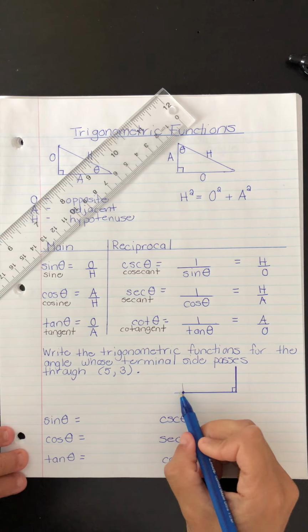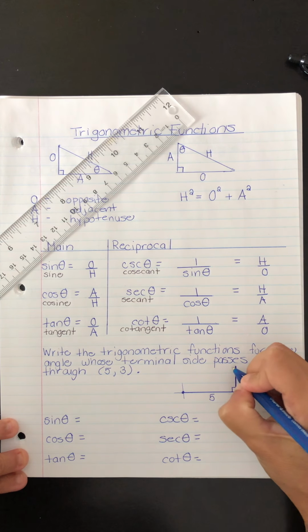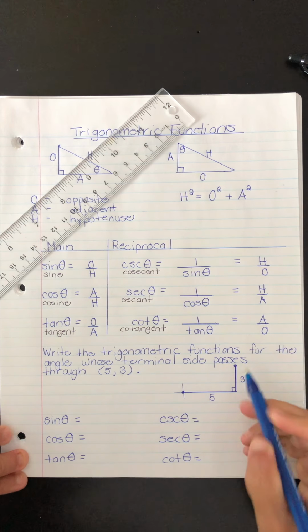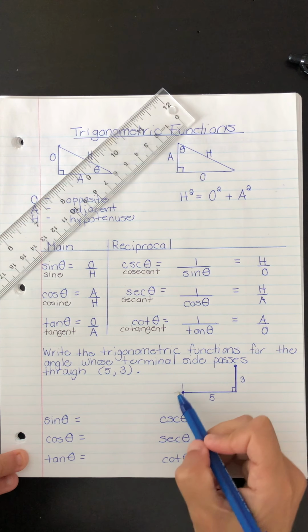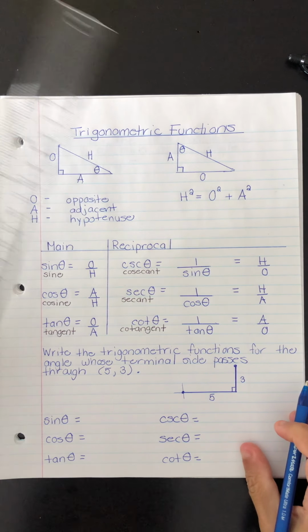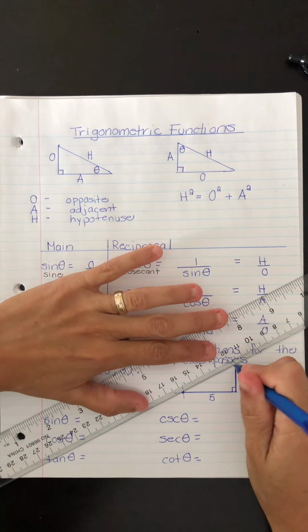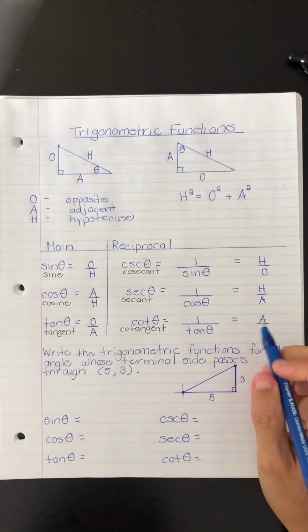So we went 5 units to the right, 3 units up, and that got us to this point, 5, 3. And of course, this point would be 0, 0. And so now what we do is we connect the origin to that point like this.